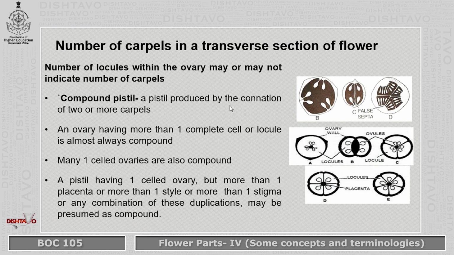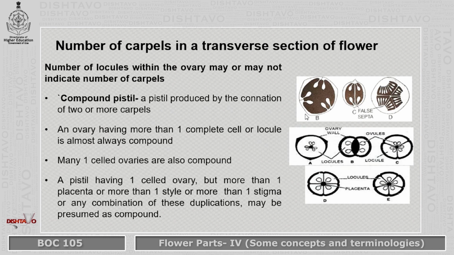A compound pistil is a pistil produced by fusion of two or more carpels. An ovary having more than one complete cell or locule is always compound. So if an ovary has more than one locule, there is a high chance that it is a compound ovary.